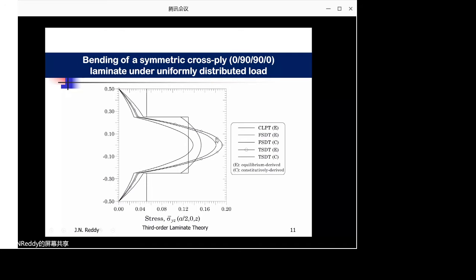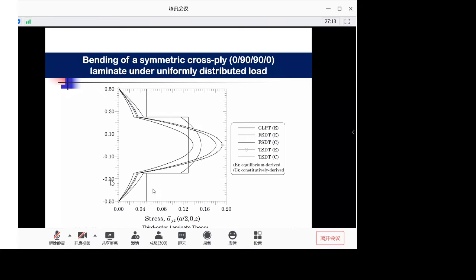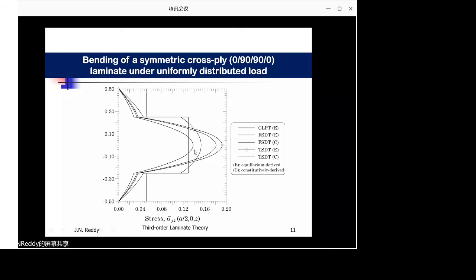So here you can see the third order theory through equilibrium and constitutive model are here. Whereas the other theories are really under predicting the stresses. Of course, in the case of first order constitutively, you will get only a constant in each of the layers. But if you use equilibrium, they will give something, but they're still considerably in error compared to the actual values of the shear stress in a laminated structure.